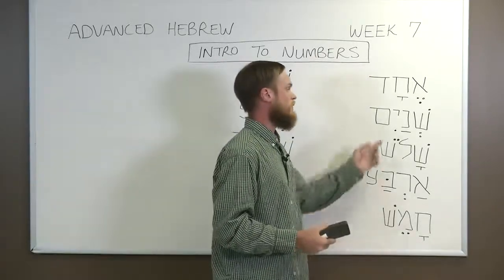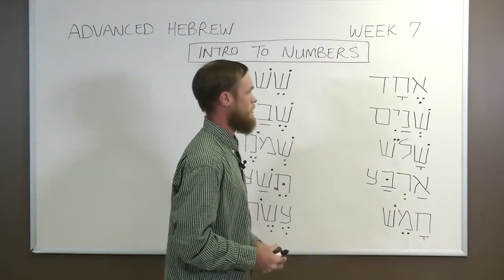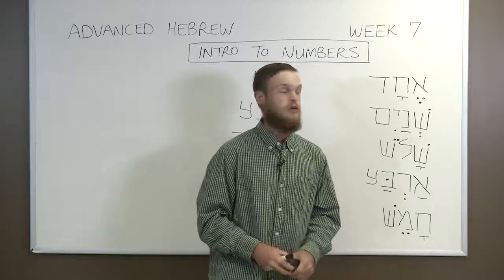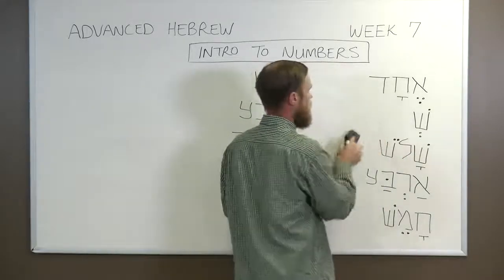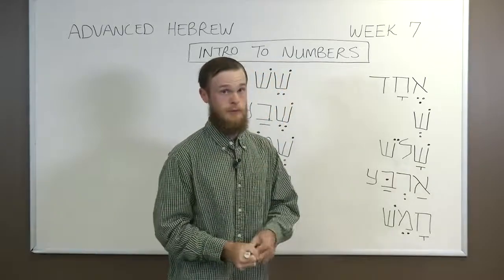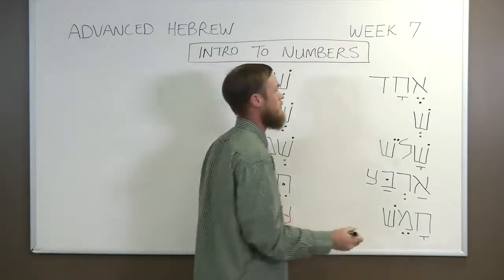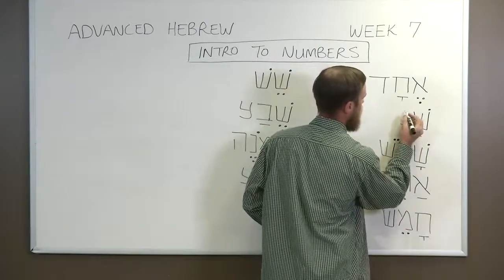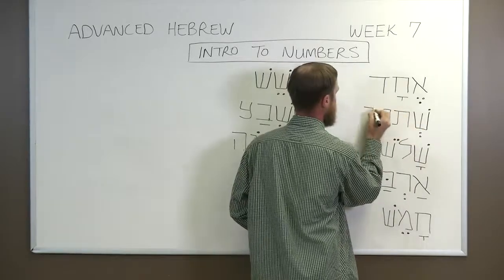All right, our number for 2 is shenayim in the masculine. So 2 men would be anashim shenayim. 2 women would be nashim. Remember, our irregular plural of isha is nashim. Nashim shetayim.